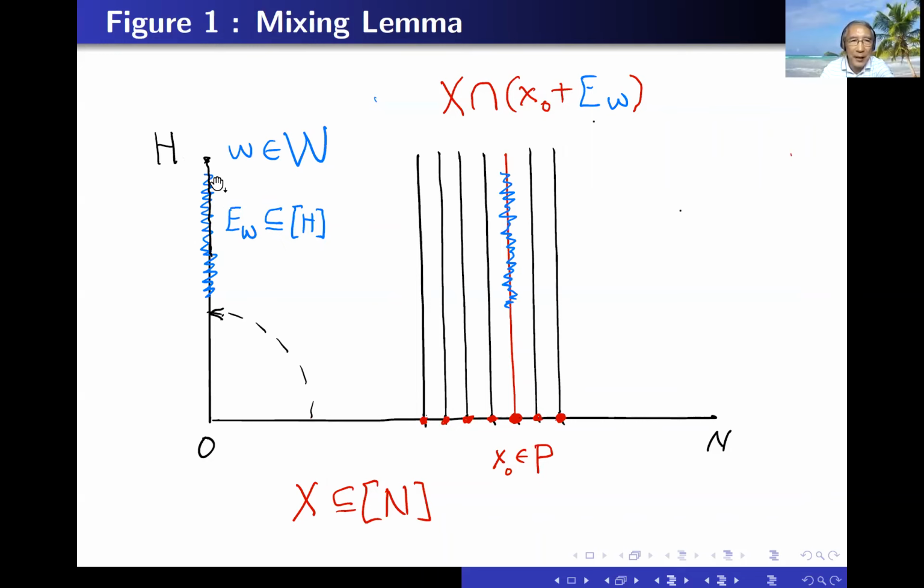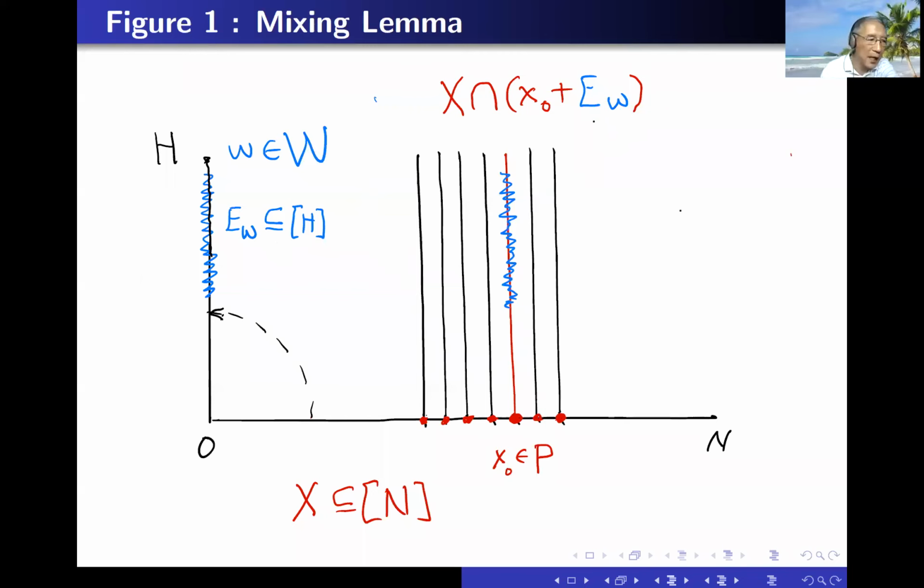If this H contains many sets E_W, then there is an X0 inside this AP such that the X part inside this piece is independent of E_W lifted to that level, for almost all W simultaneously. Okay, this is called the mixing lemma.